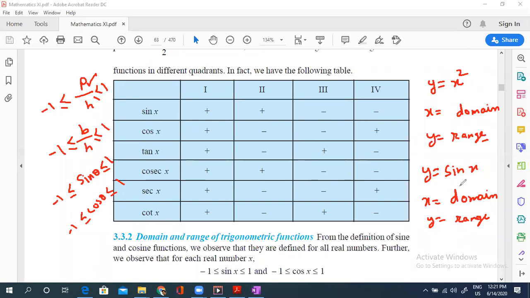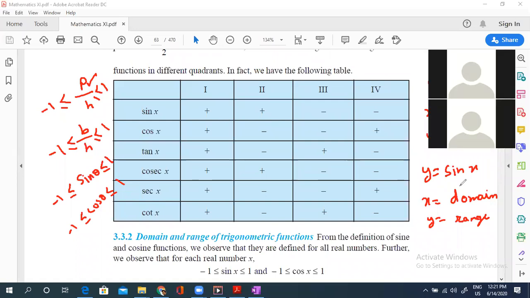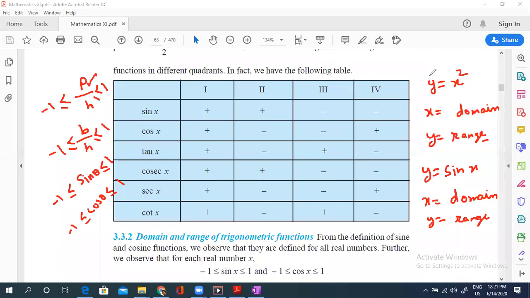So basically, domain is the value of the independent variable for which the function is defined. Okay, it's not that you can put in any value for which the function is not defined. Okay, right? I guess everyone is clear on that.